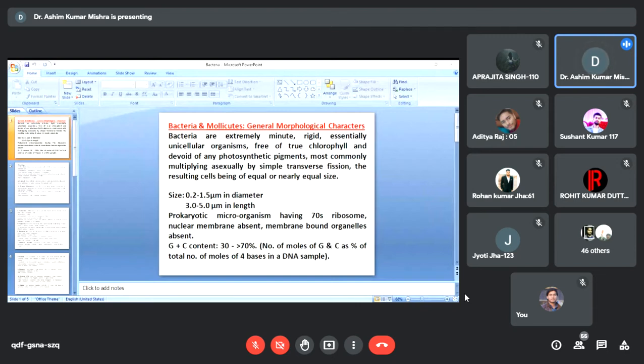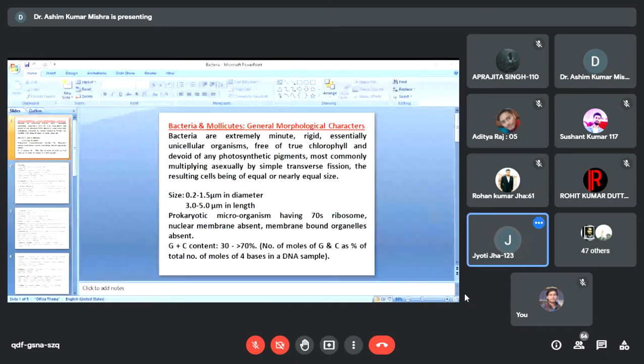If we go to the definition, bacteria are extremely minute, rigid, essentially unicellular organisms. Is the slide very clear and visible? Yes, sir.